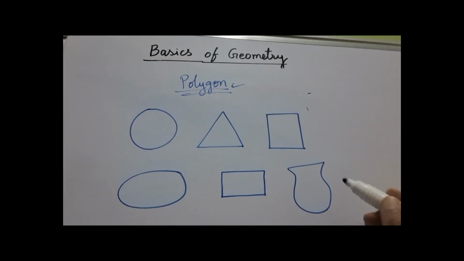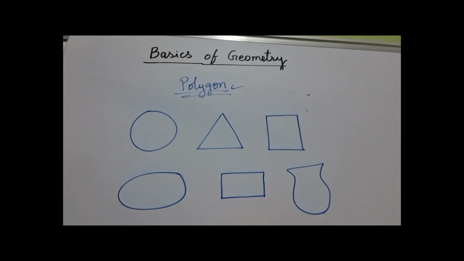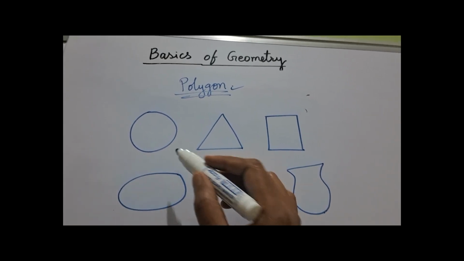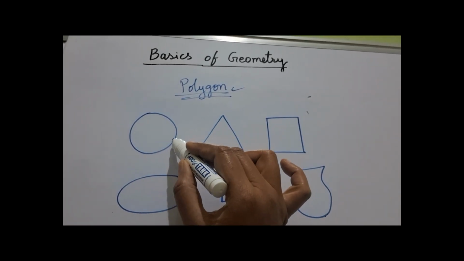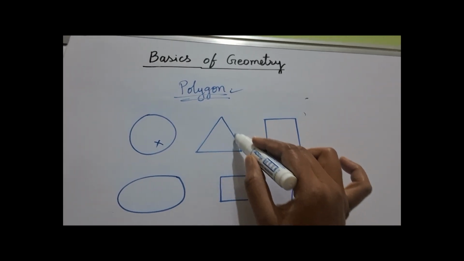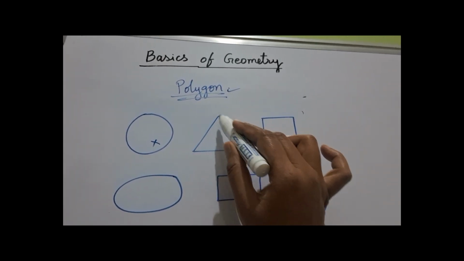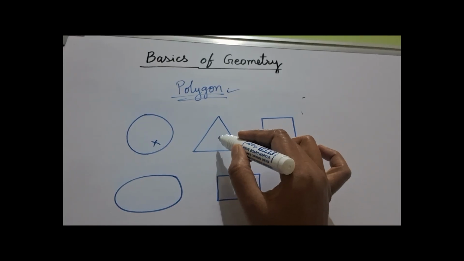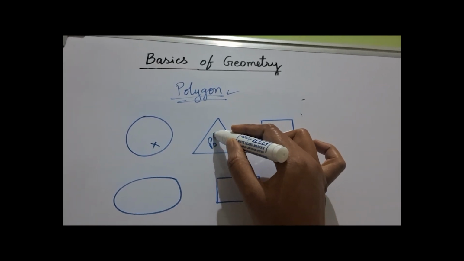Now from these 6 figures, children, which are the polygons? This is not made by straight lines, so this is not a polygon. But this one is made with straight lines only, line segments only, isn't it? So this is a polygon.